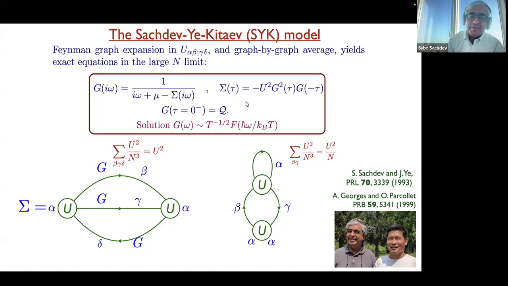But I won't go into that. What we already understood was the scaling form of the solution at low temperatures: the Green's function diverges as 1 over square root of temperature, or 1 over square root of frequency. And in fact, there's some scaling behavior with temperature, which gives you some universal function.